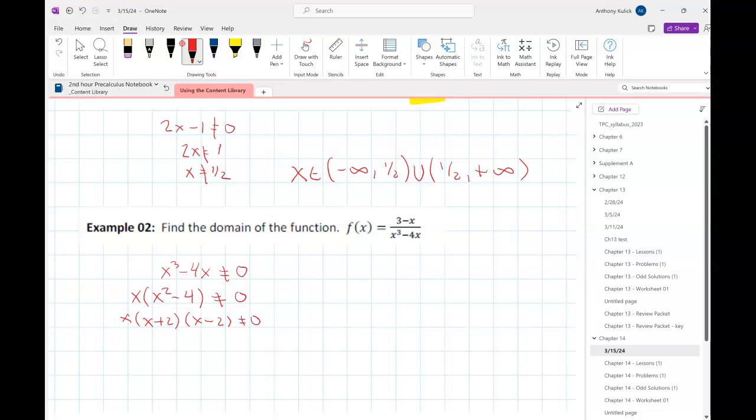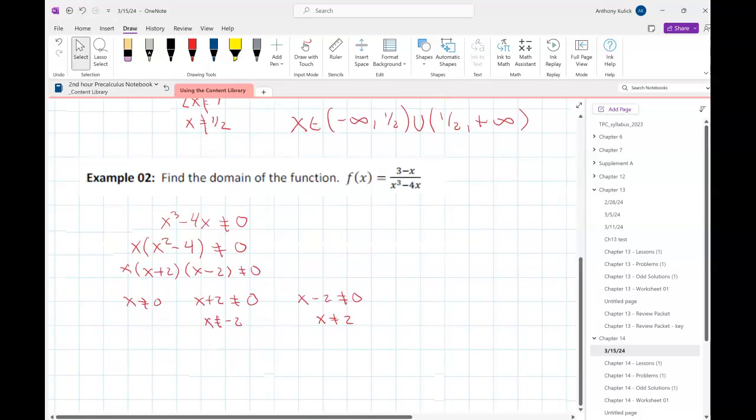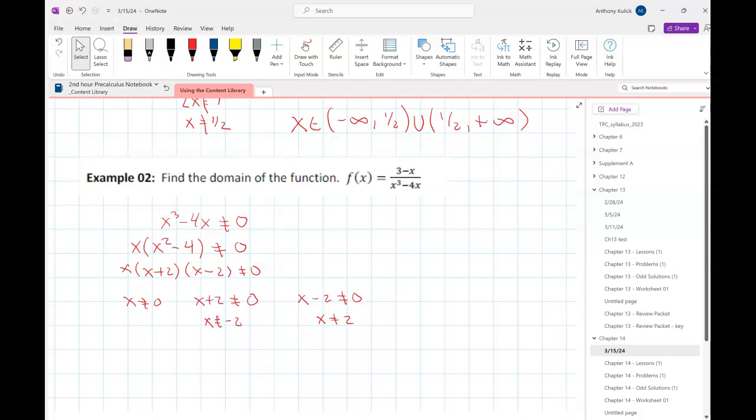And now that I have it completely factored, I can set each piece not equal to 0. So those are the 3 values that x cannot take. Any other x's, though, would be fine.